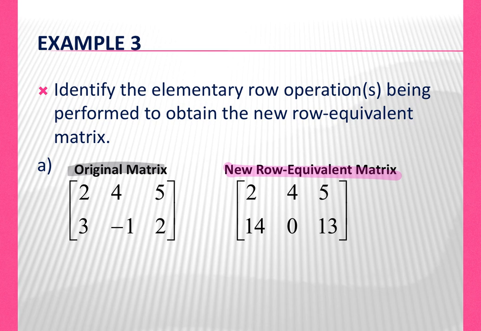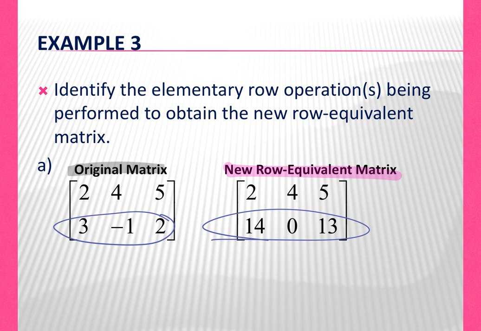No. Was one row added to the other row? No, sorry, let's start with multiplication. Can I multiply? So what did change was row 2, right? Row 1 stayed the same, but look at row 2. Can I multiply row 2 by something from the original to get to the new one? No, there's nothing I can multiply 3 by to get to 14. That would be the same as negative 1 to get to 0 or 2 to get to 13.